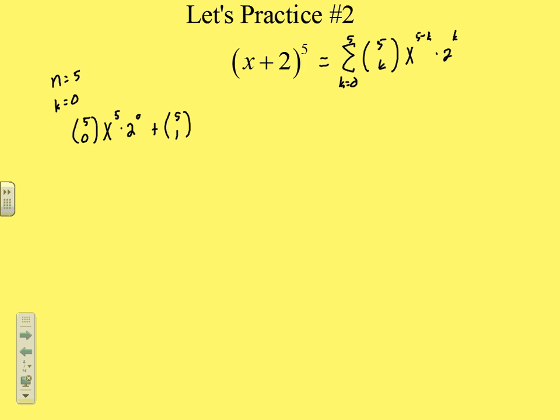So here I'm going to get x to the fourth, and this is where, if you refer back to the steps, the first term of the binomial, the exponent decreases by 1 each time, and the exponent of the second term of the binomial increases by 1 each time, but the sum of the exponents of those two binomials has to equal, in this case, 5, whatever n happens to be, whatever you're raising the binomial to as a power.